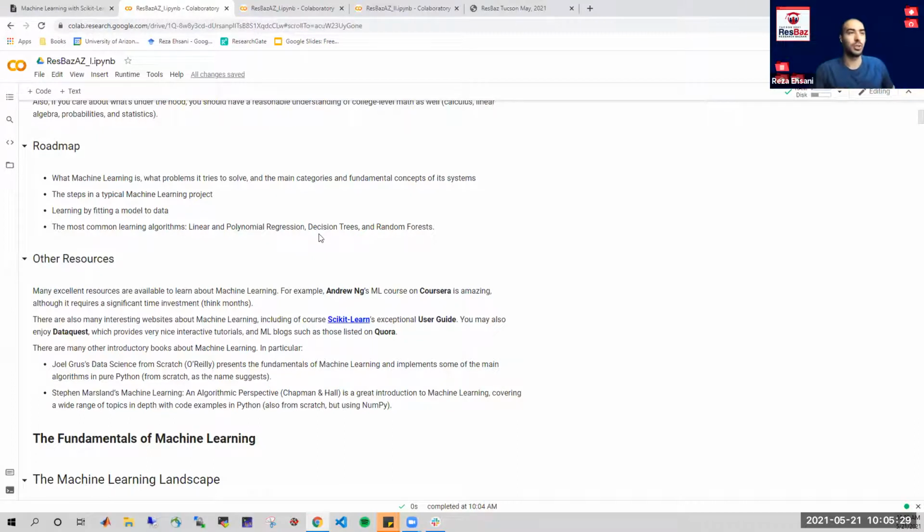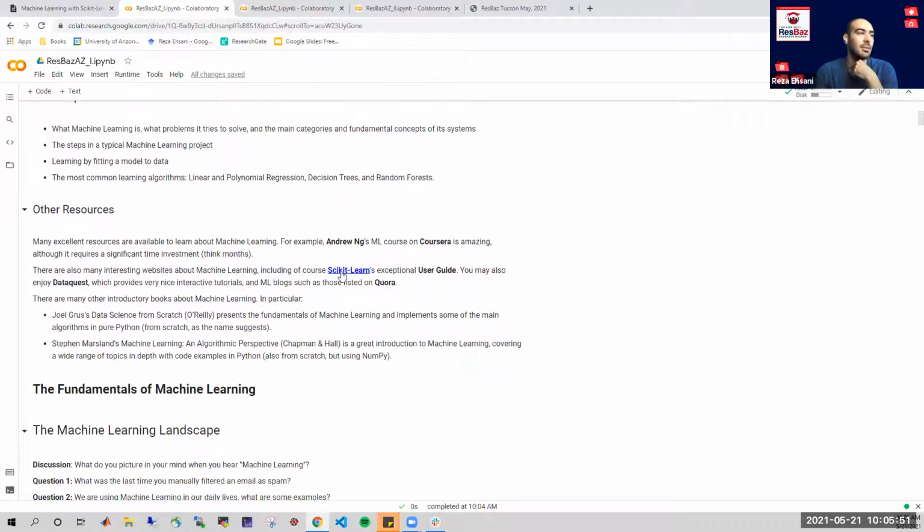In addition to this workshop, which I think is a good starting point for getting into the continent of machine learning, we have lots of sources online, which include Andrew Ng's ML course on Coursera, which is amazing, but it takes a lot of time to watch, maybe a couple of months. In addition, Scikit-Learn has an exceptional user guide.